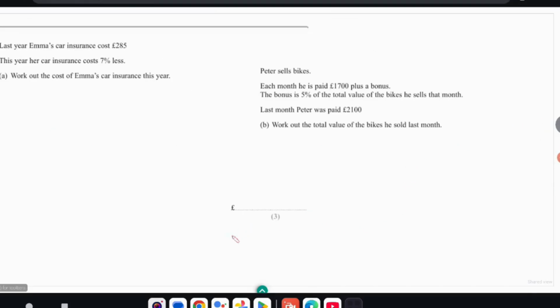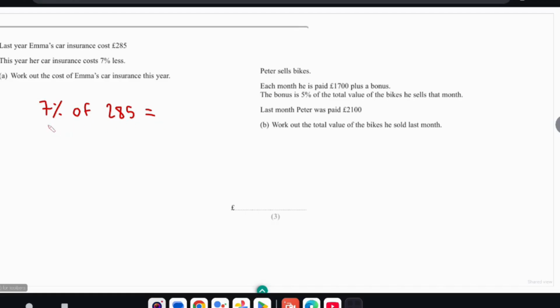Last year, Emma's car insurance cost £285. This year, her car insurance cost 7% less. Work out the cost of Emma's car insurance this year. Let's work out 7% of £285.